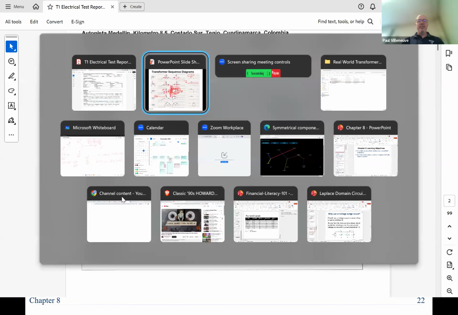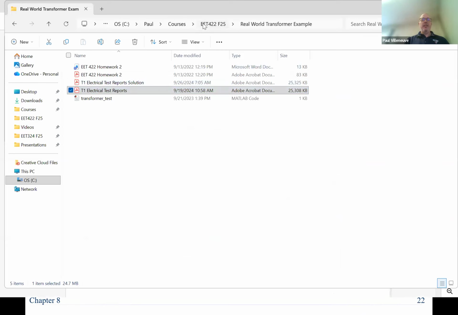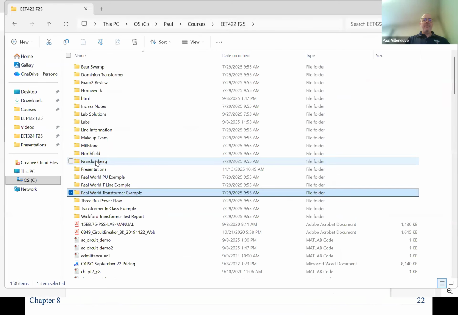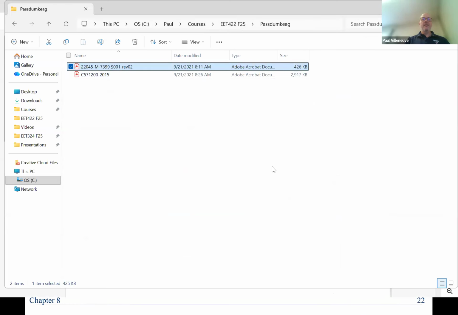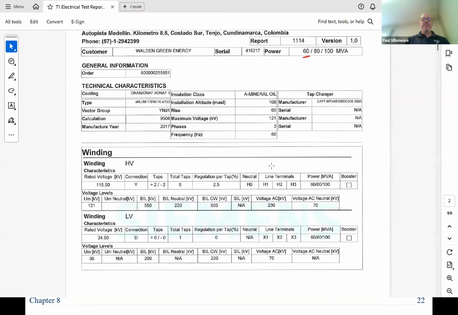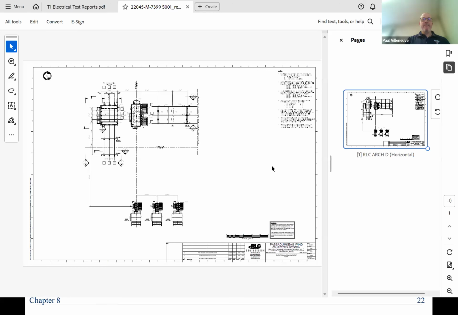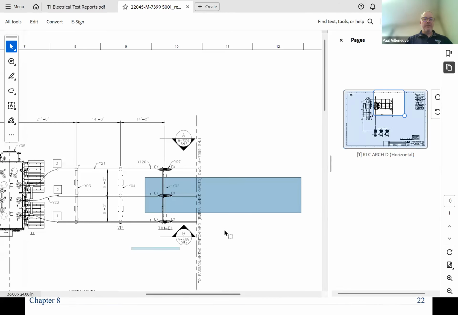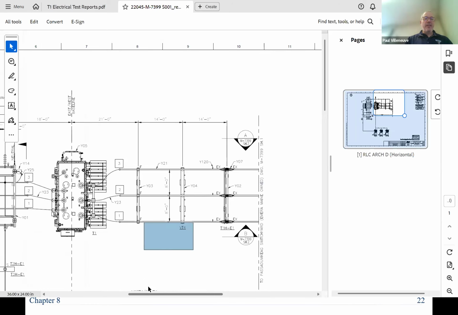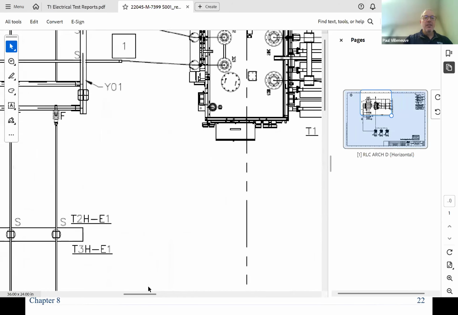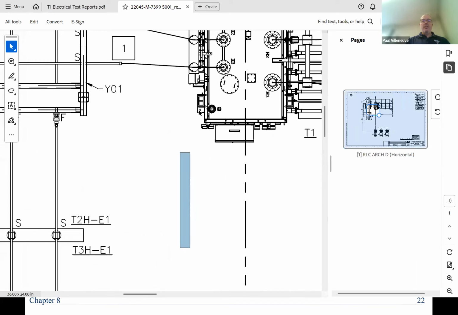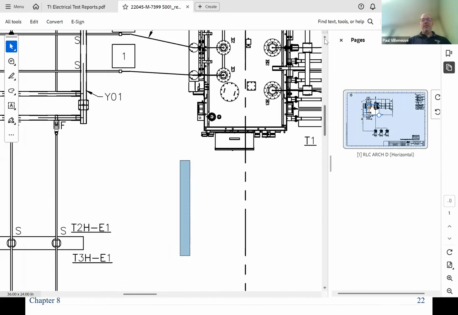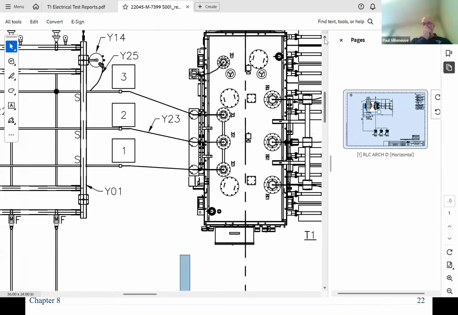And if you look back, I jumped ahead a little bit, but if you look at here, it doesn't really show. Well, we'll zoom in a little bit. But if you look closely, here's the transformer. Can you tell which is the high voltage winding and which is the low voltage winding?